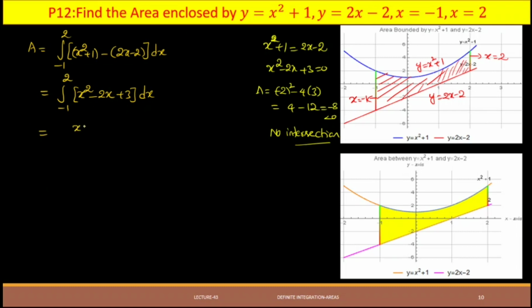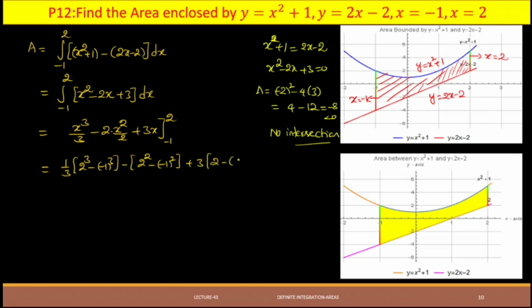Integration of x square is x cube by 3, minus 2 into x square by 2, plus 3x, with limits minus 1 to 2. So this is equal to 1 by 3 into 2 cube minus minus 1 cube, minus 2 square minus minus 1 whole square, plus 3 into 2 minus minus 1.